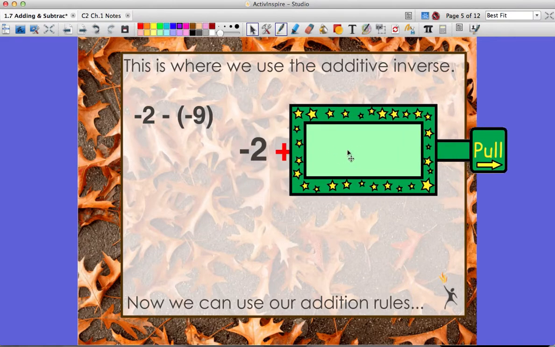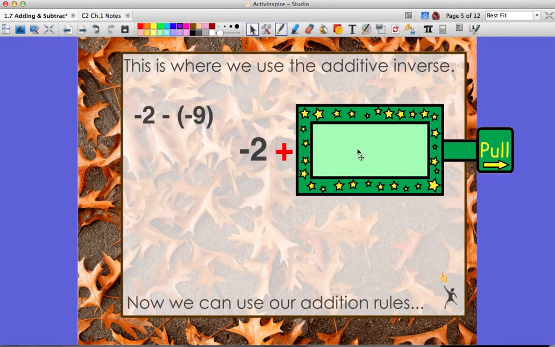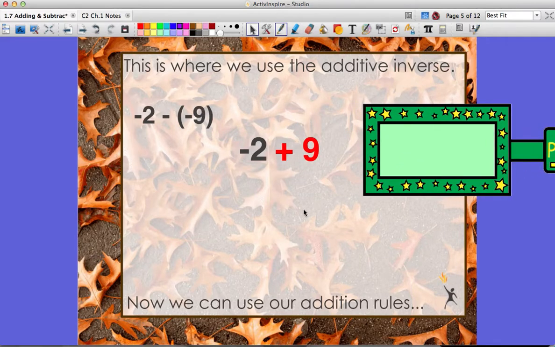So I'm going to keep my starting point, which is negative 2, but then I'm going to add negative 9's additive inverse, which is positive 9. Okay, so basically what you're doing is, if it's a subtraction problem, you change it to add the opposite. So now this becomes negative 2 plus 9, and now we can use our addition rules.